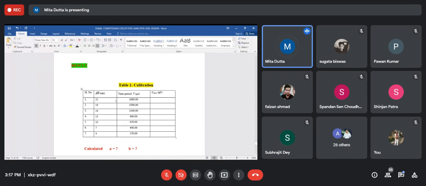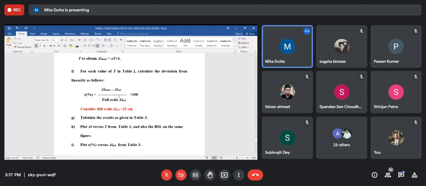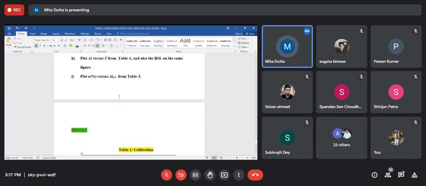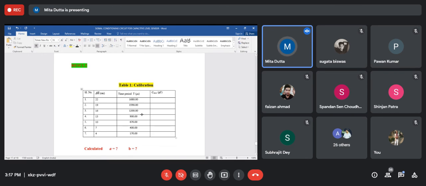Based on this del L and time period, since we didn't do the experiment actually, these are the data I have obtained from the experiments performed by the students when they did the actual experiment.